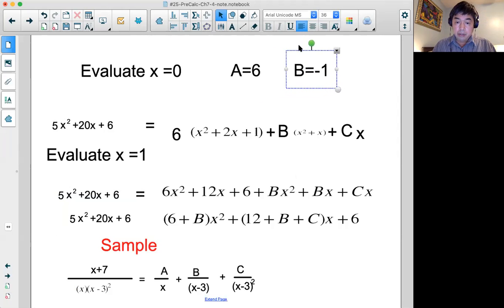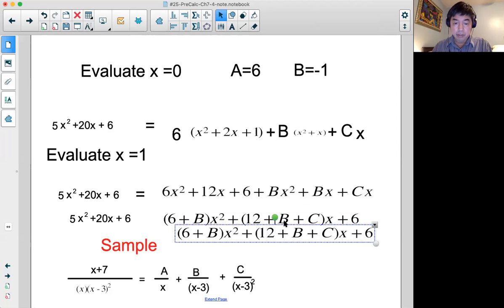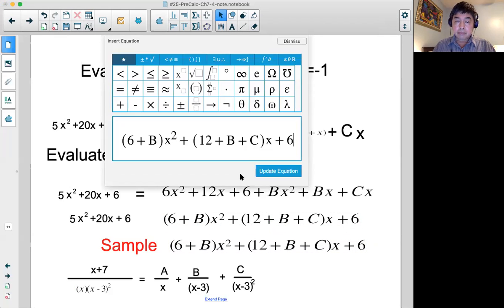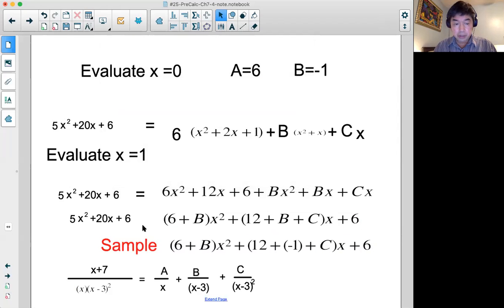Now, if b equal -1, okay, the second coefficient is 20. So this 12 plus -1, right? So we just substitute -1. So let me type in here. -1 here. Plus c equal to, look at the equation right here.